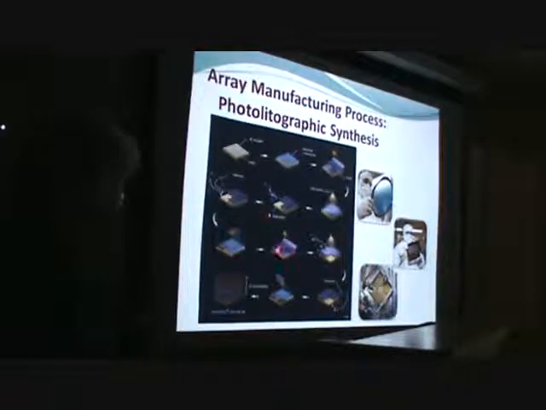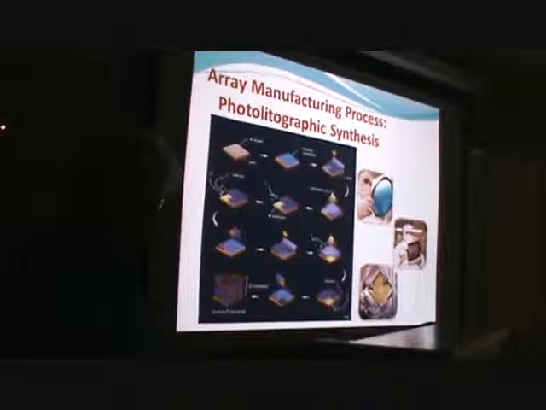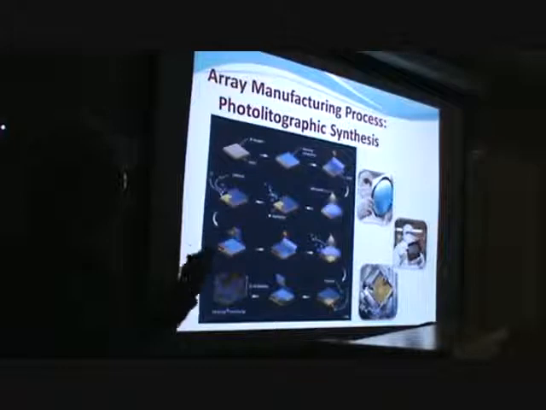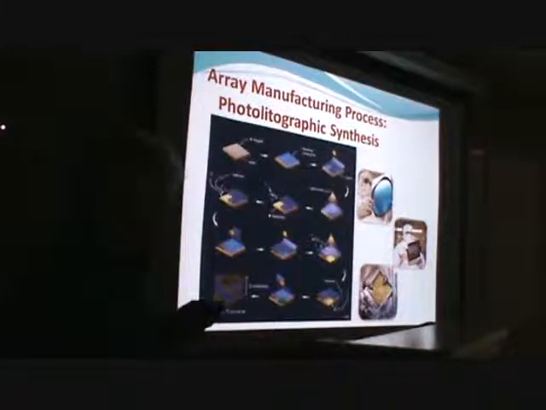You reblock, you remask, you reactivate, and you keep going until you have built up at your various spots the sequences that you want, very much like building up a computer chip. These are pristine facilities that do this. And the wafer, although it looks like a pretty big piece here, each of these little squares on the wafer is 1 centimeter by 1 centimeter, and you get 49 off one wafer. So when you want to buy a kit, you buy 49 of them. Well, you actually buy 48 of them because one's used in quality control. Just an FYI.